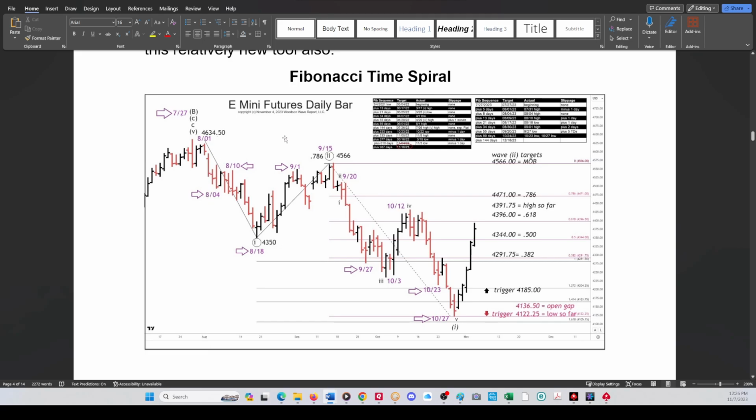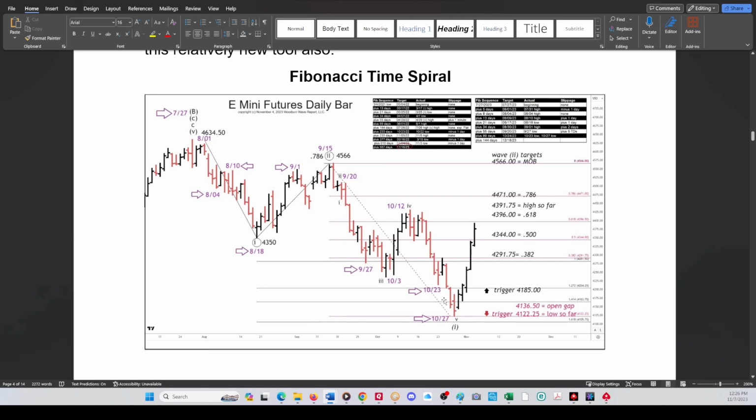And you can see here where it hit, 8.1 from 7/27, hit 8.1, which is a wave 2 high. Hit that low, hit that low, hit that low, hit that high. Okay, a little bit off on that high there, but then hit that low on 9/27, and then hit the wave 3 on 10/23, and the wave 5 on 10/27, hit right in between there.